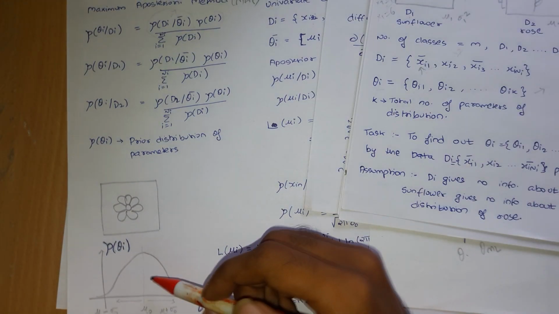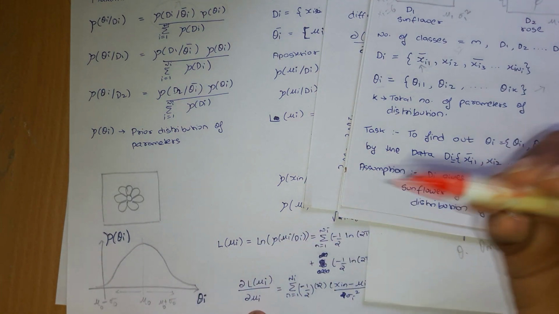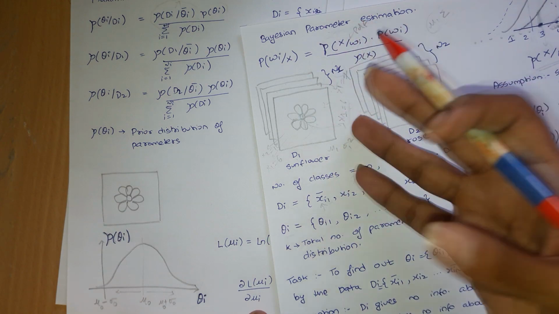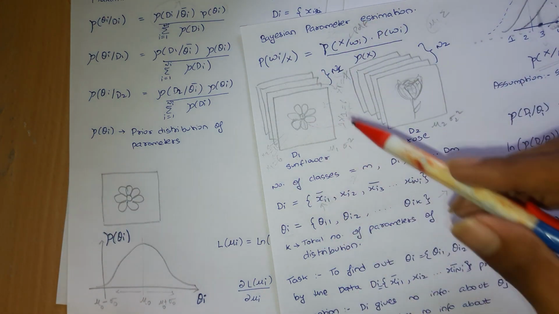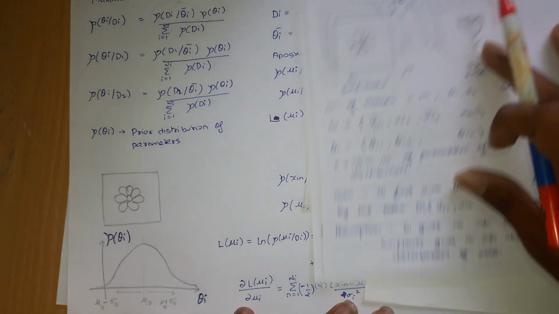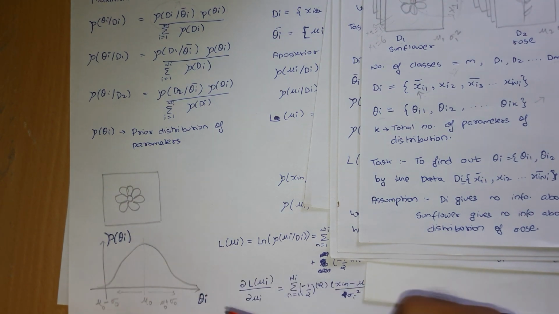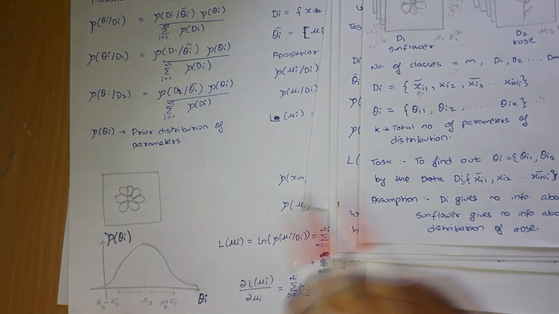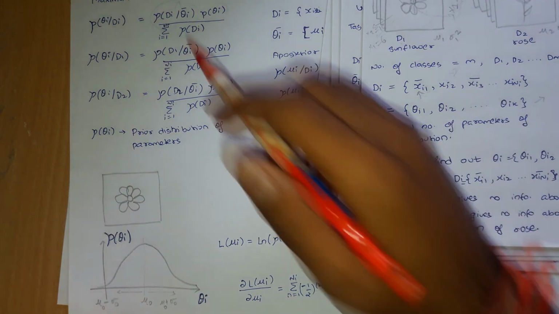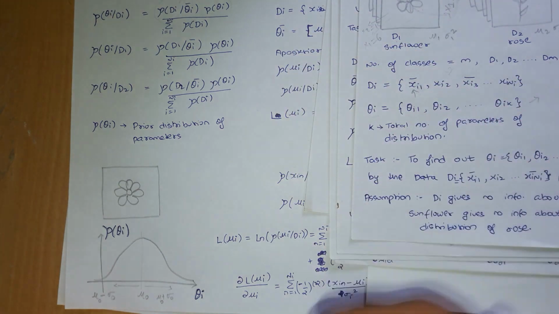This is a distribution where I, as a developer or anybody who has some prior information about the particular class, say in this case sunflower, such as how many sunflowers there are in the world, in nature, or something like that, have given this distribution to the algorithm. So this distribution is not using the data. The data's distribution is coming from the likelihood, but this I am giving as a distribution. This is the distribution that the parameter is going to follow.